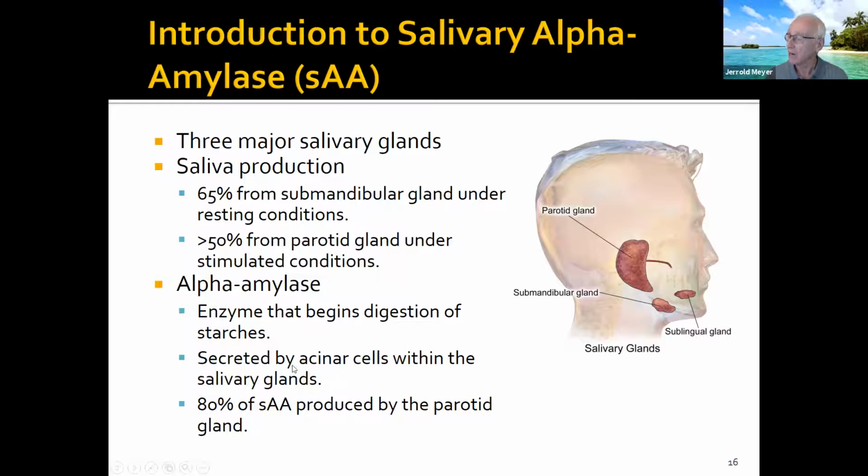Alpha amylase is secreted by a type of cell within the salivary glands called the acinar cells. And as you might expect from this information, the large majority of the alpha amylase is produced by the parotid gland over here.